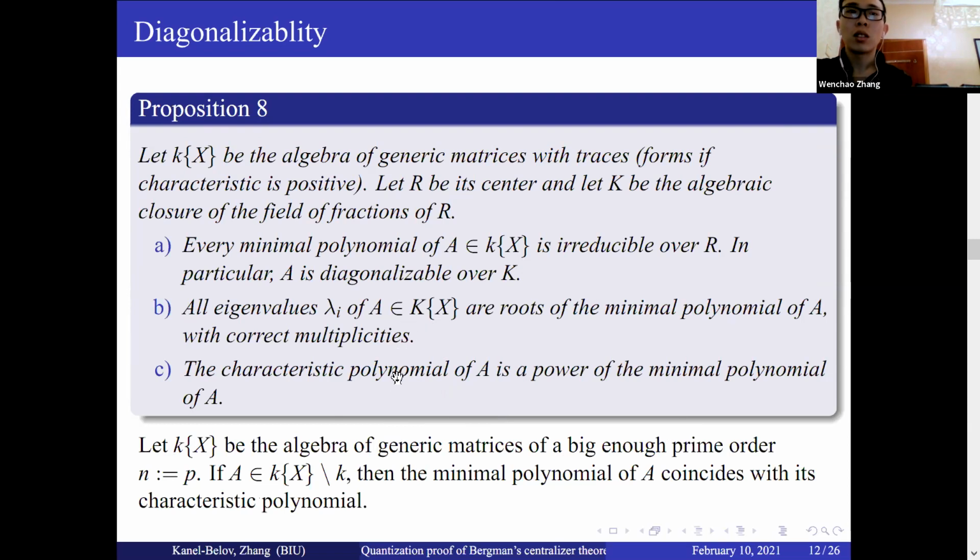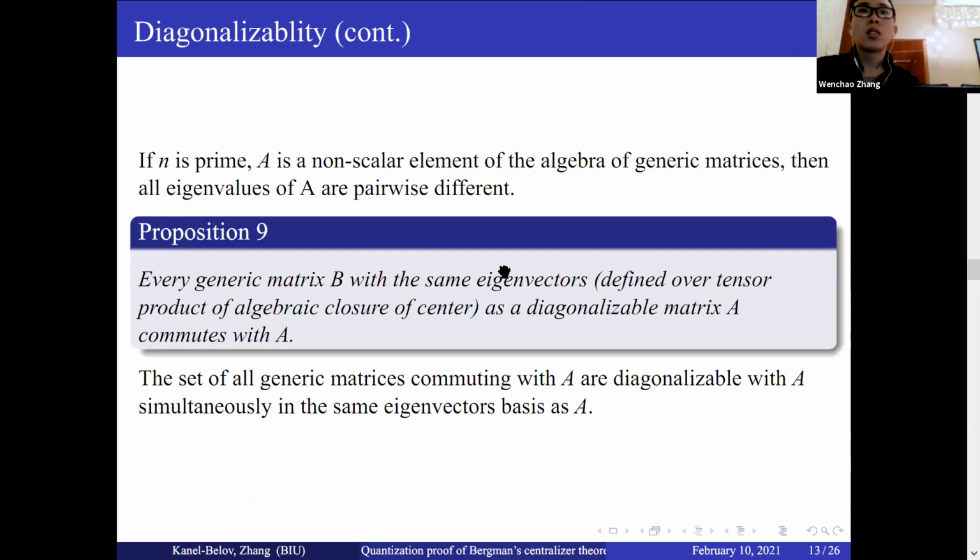Here we are saying that if A is a non-scalar generic matrix of K[X], then the minimal polynomial coincides with the characteristic polynomial, and also A can be diagonalized over K, the algebraic closure of the field of fractions of the center R. This is helpful when n is viewed as a prime, then all eigenvalues are pairwise different.